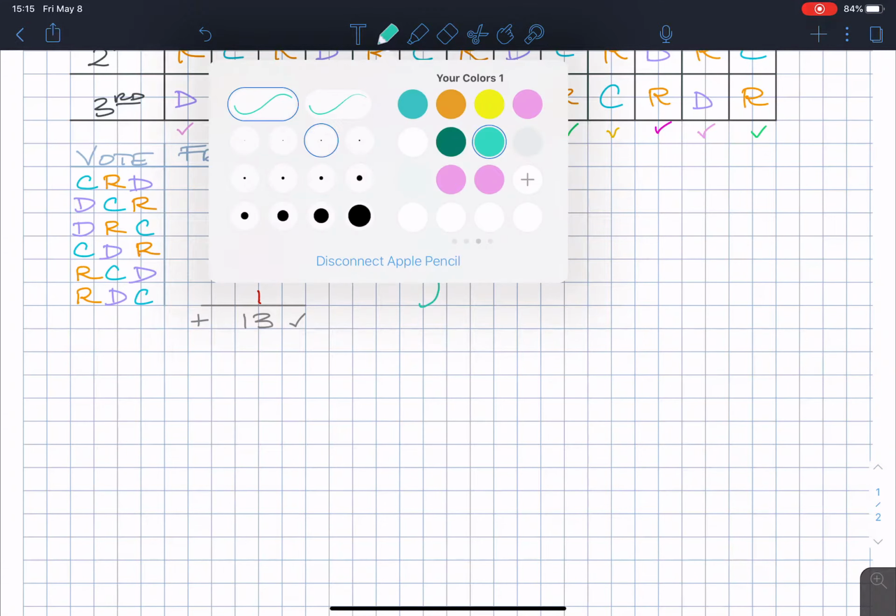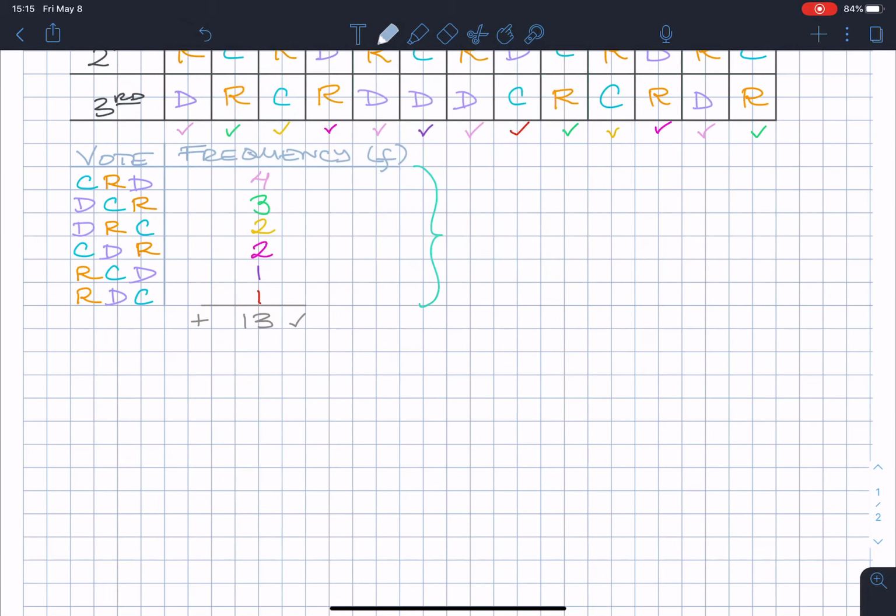So what I'm going to do is I'm going to put the frequency of the first, second, and third guys. We only have 6 permutations, so I need 6 rows.